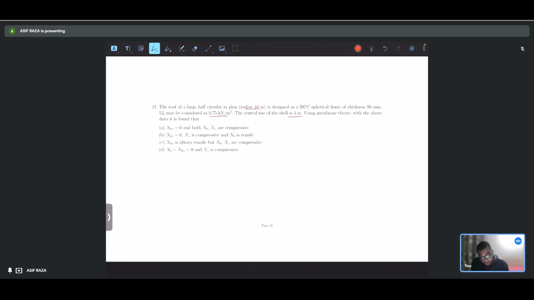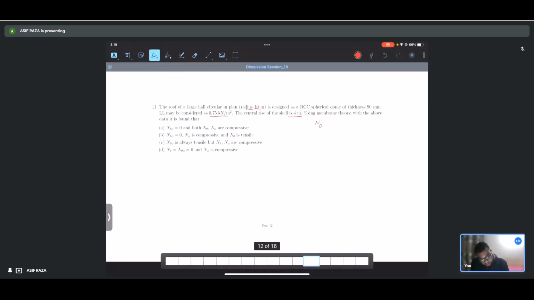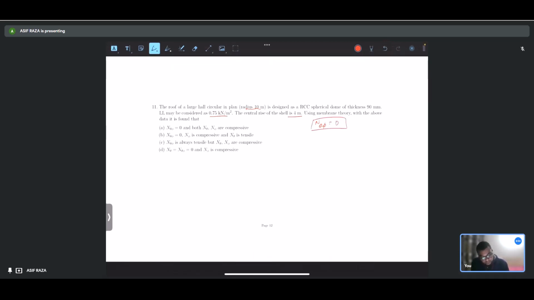Using membrane theory with the above data, as it is an axisymmetric problem, we know n theta phi would be equal to 0, and if we find the angle, okay, so also let's draw the figure. It will be, so it is R, F.